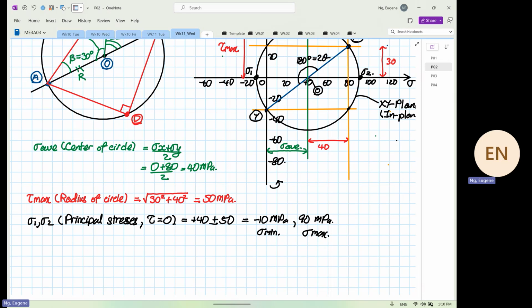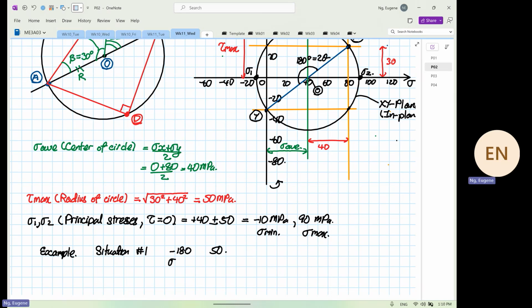I don't agree with how they label stress max and stress min, and let me explain why. This is a different example. Let's say in situation number 1, your compression is at minus 180, your tensile is at 50. Which is stress max and which is stress min?